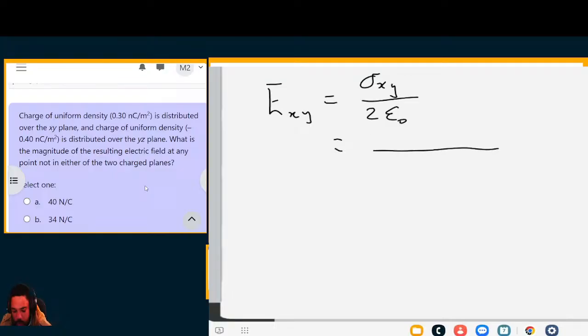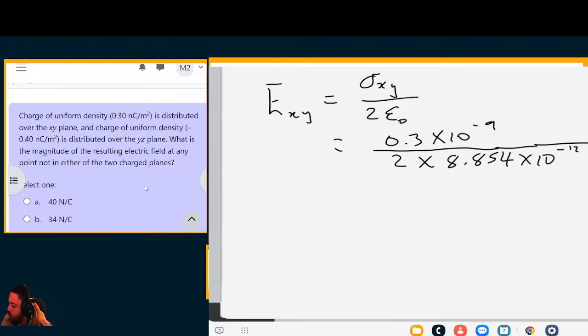So that would be 0.3 times 10 to the negative 9. Remember, it's nanocoulomb per meter squared, divided by 2 times the permittivity of free space, which is 8.854. I usually just use 8.85, times 10 to the negative 12.